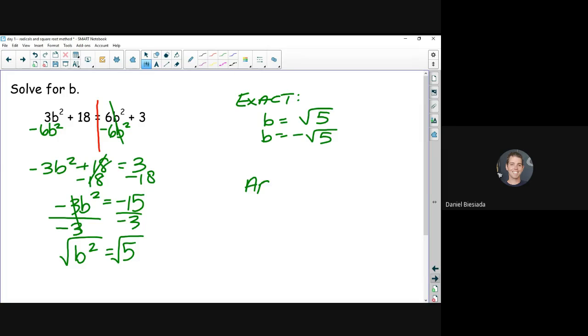Or if the question asked you for approximate solutions, we would go to the calculator and figure out what the square root of 5 is. My calculator gives me 2.24. So my solutions would be b equals 2.24 or b equals negative 2.24.